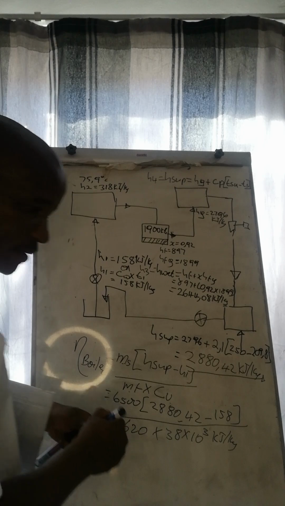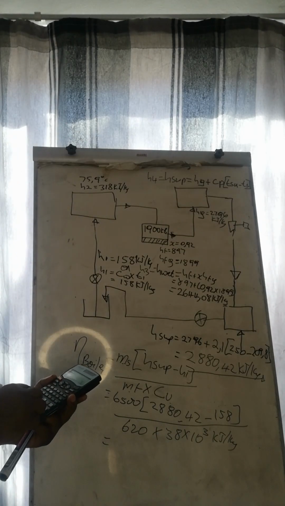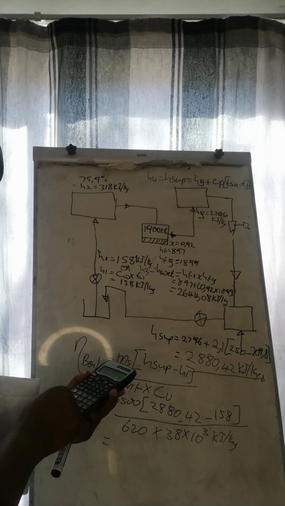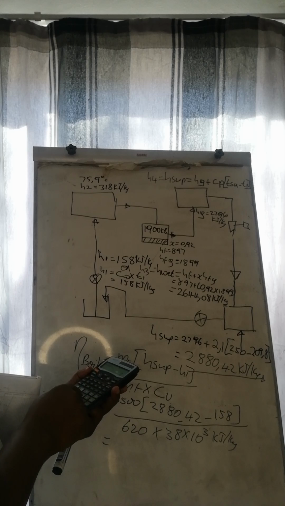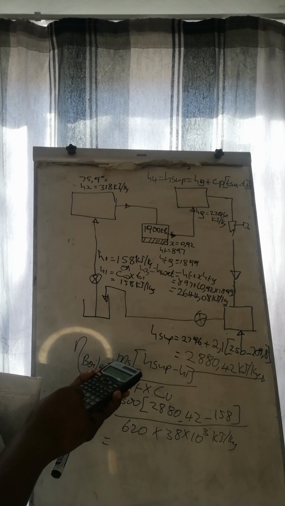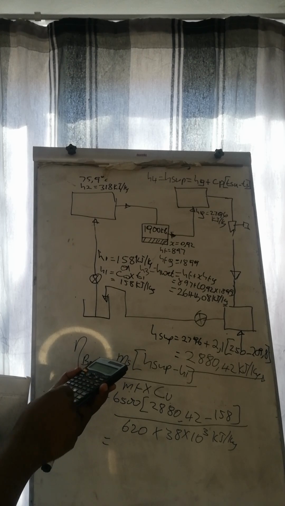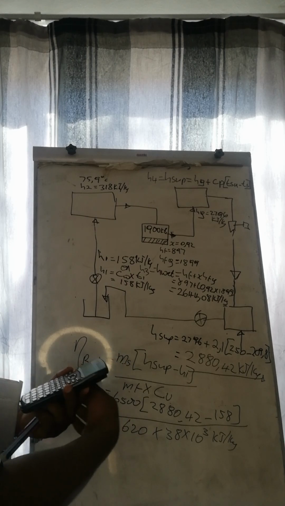And it's equal to: 2880.42 minus 158, multiply by 6,500, divide by 620 multiplied by 38 exponent 3, closing brackets, answer, multiply by 100.